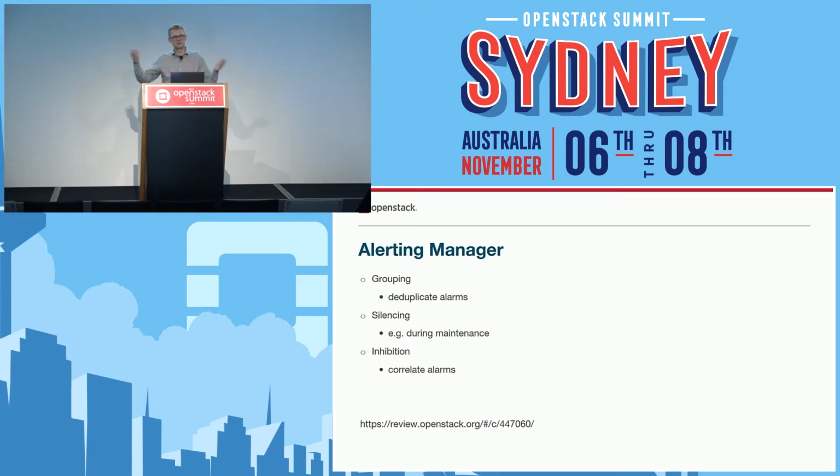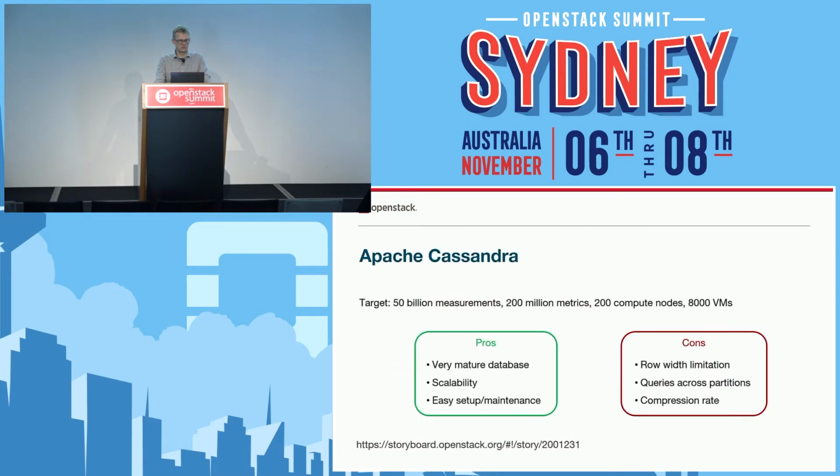So you will have tens of alarms, but you know the most important one is the MySQL alarm. So you want to inhibit all the others. You want just one MySQL alarm and not the others. The change is in good progress and should land in Queens.